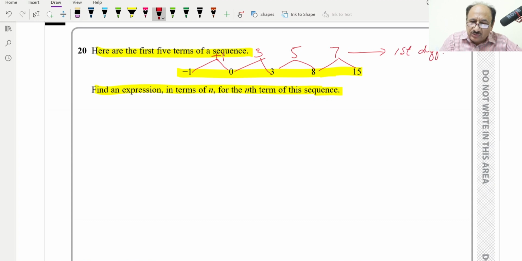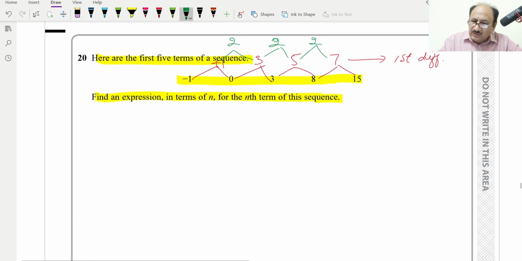The first difference is not the same, so we will go for the second difference. 3 minus 1 is 2, 5 minus 3 is 2, 7 minus 5 is 2, and this is the second difference.